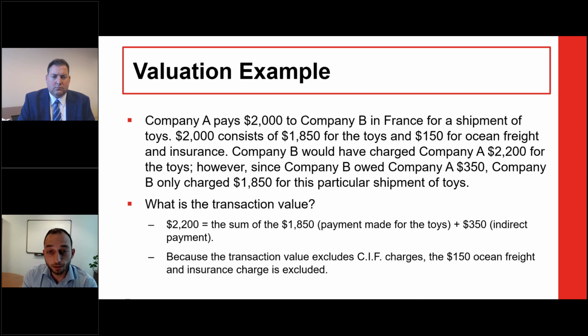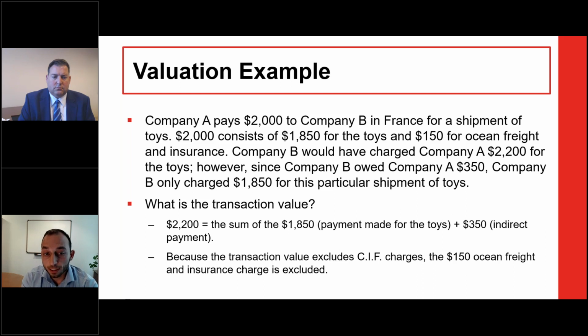Company B, the French company, would have charged Company A $2,200 for the toys, but because Company B owed Company A $350, Company B only charged $1,850 for this shipment. So what is the transaction value here?